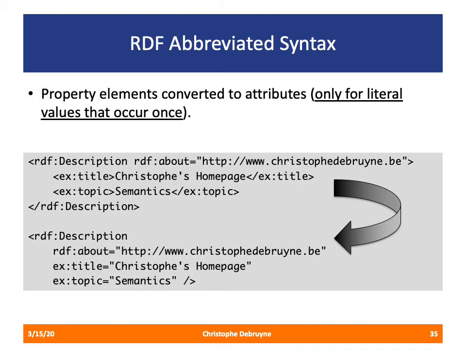So in this particular example, I have a description of my website and it has the title Christophe de Bruyne. Because it only has one title and its value is literal, I can transform that into an attribute rather than an element. The same for the property topic.